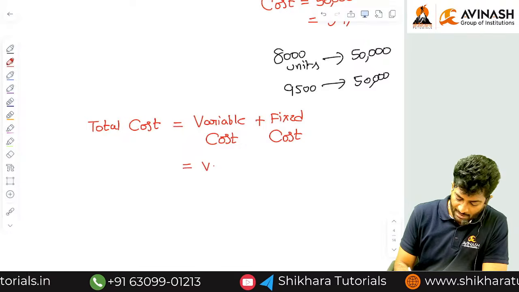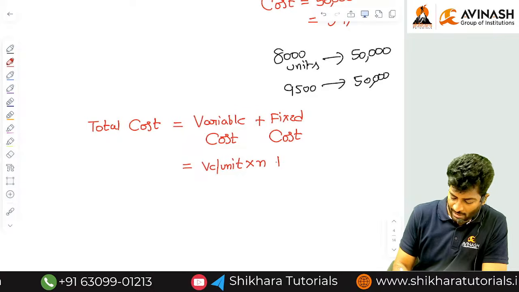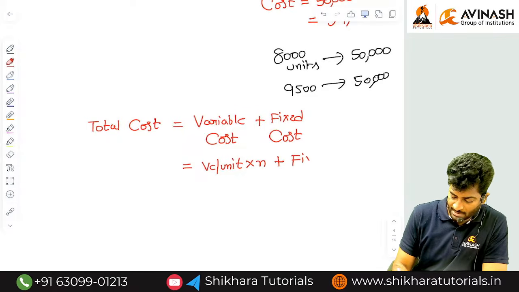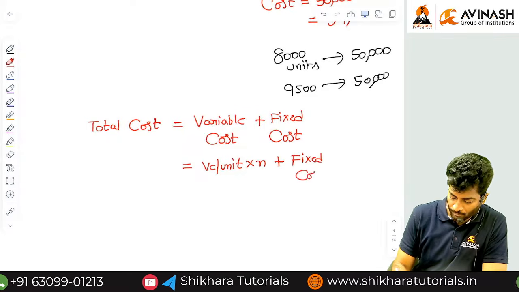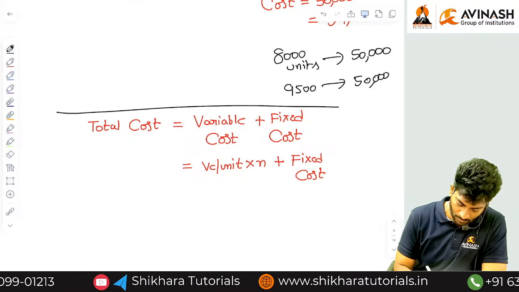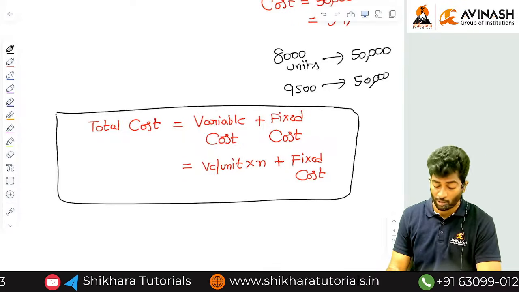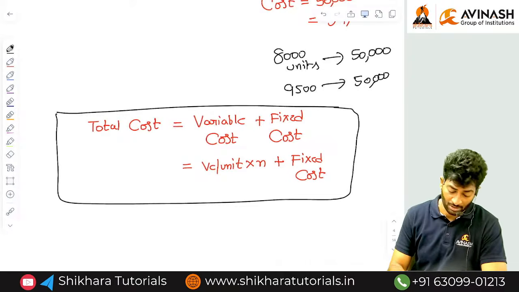Variable cost means, can I write it like variable cost per unit into N, plus fixed cost. Right? Variable cost per unit into N plus fixed cost.